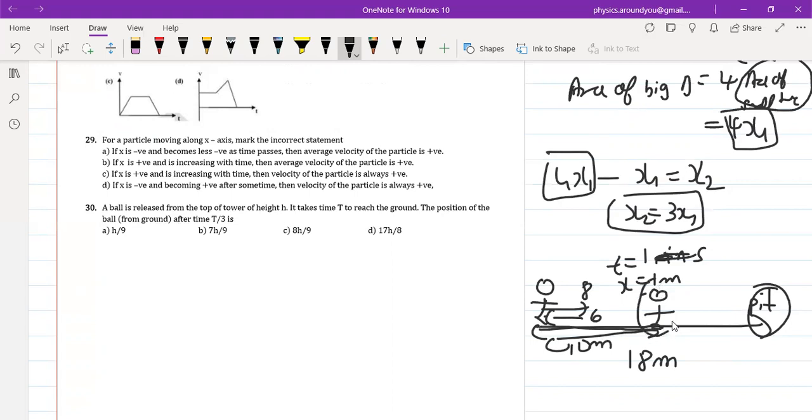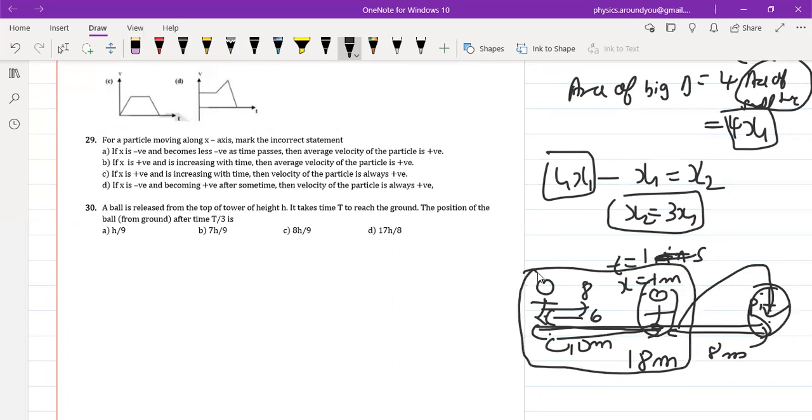From this position, if he travels 8 more meters, he will be straight into the pit. He won't have a chance to come 6 meters back at all. If he covers 10, it is sure that in the next 8 steps he will fall into the pit. So first let us calculate how much time he will take to cover 10 meters.